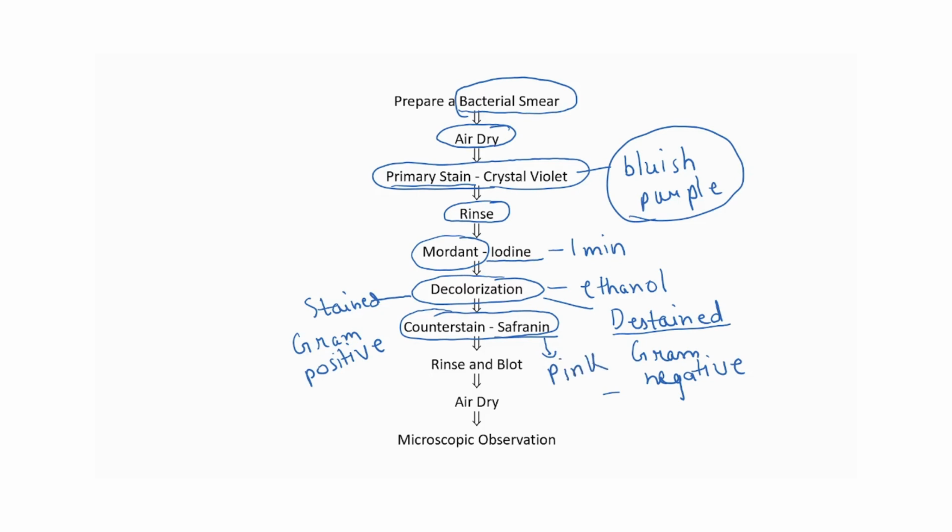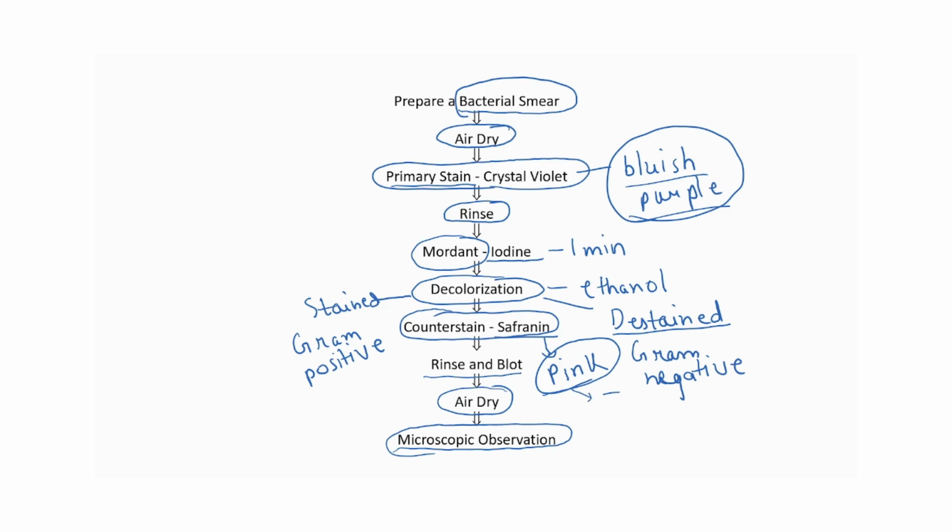When we rinse gently, blot with paper, air dry it and observe it under the microscope, we see some bacterial cells in bluish purple color and some in pink color. So we can conclude that the bacteria which look bluish purple are gram positive, and the bacterial cells which look pink are gram negative bacteria.